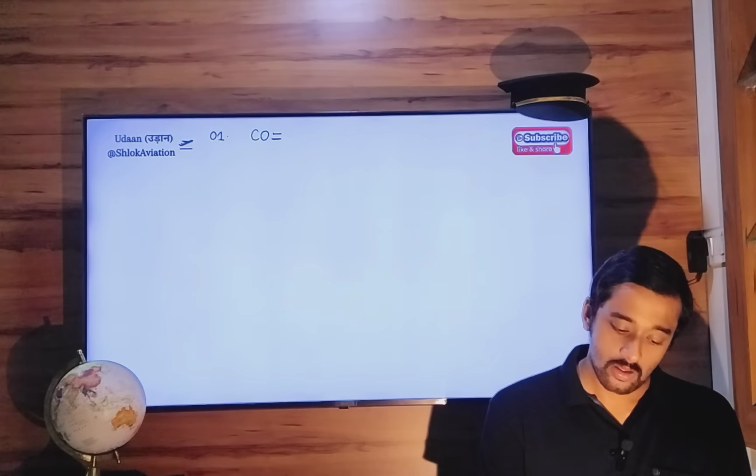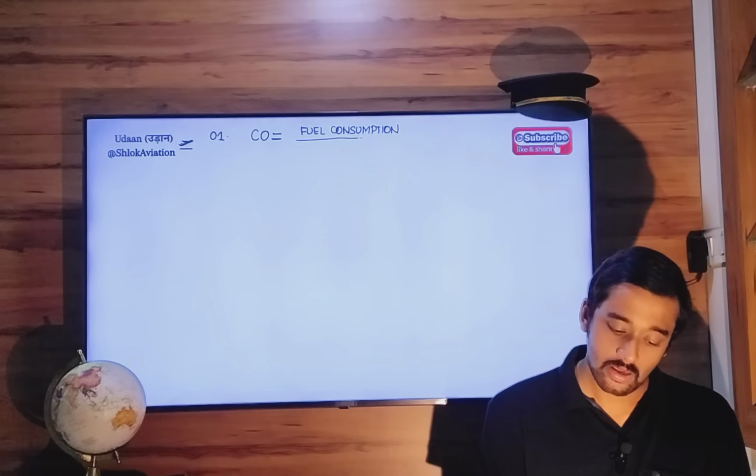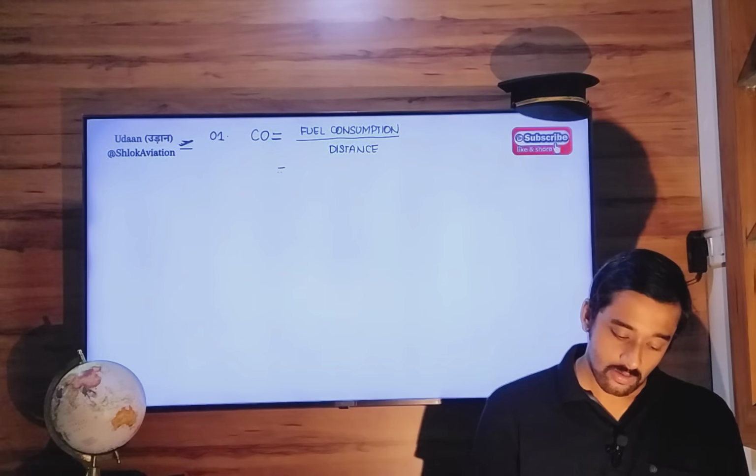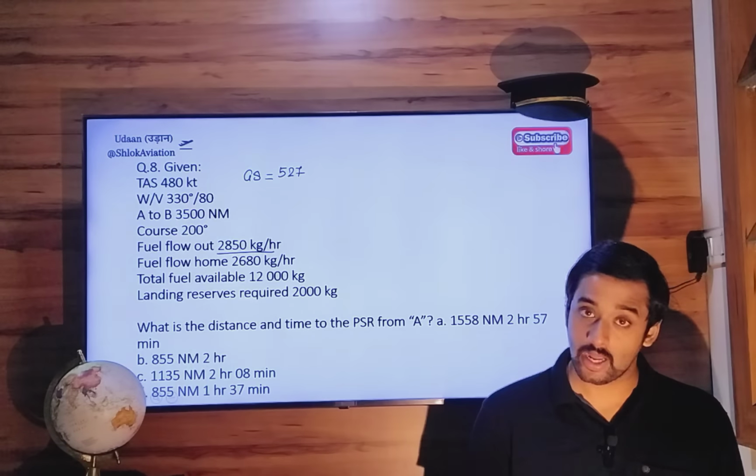Now step 1, again, fuel consumption outbound is equal to your fuel consumption rate outbound divided by distance. Consumption rate outbound is 2850 kilogram per hour.